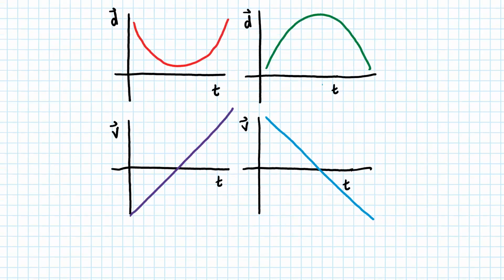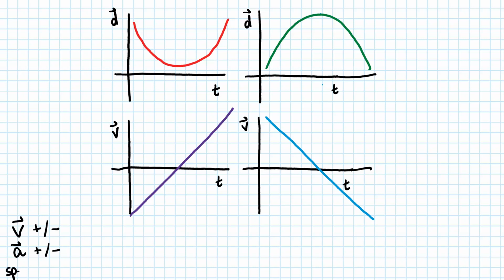So I want to revisit these 4 graphs, and I want you to think about 3 things as you look through these. I want you to think about the velocity, in particular the direction. Is the velocity going in the positive or negative direction? Acceleration, same. Is acceleration going in the positive or negative direction?